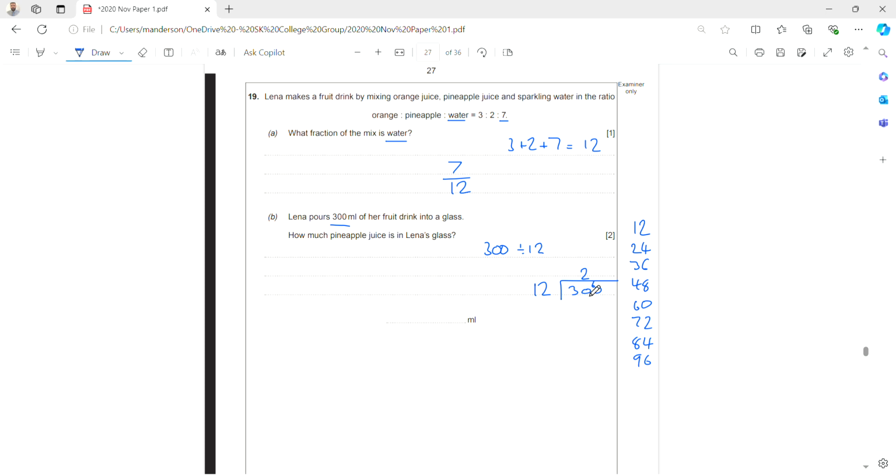Carry it across, and 12 goes into 60 5 times. So 300 divided by 12 is 25. So each part is worth 25, and we're after pineapple juice, and the pineapple juice is the 2, so it's 25 times 2, which means that 50 milliliters of her drink is pineapple juice.